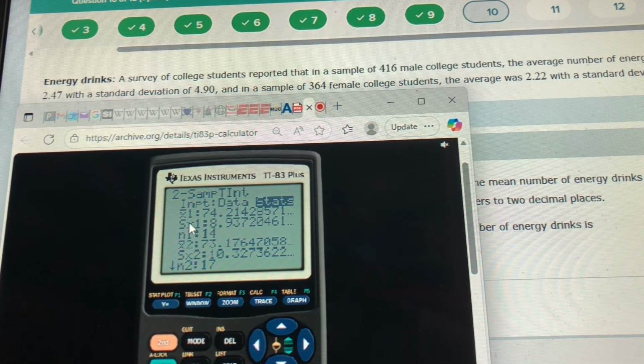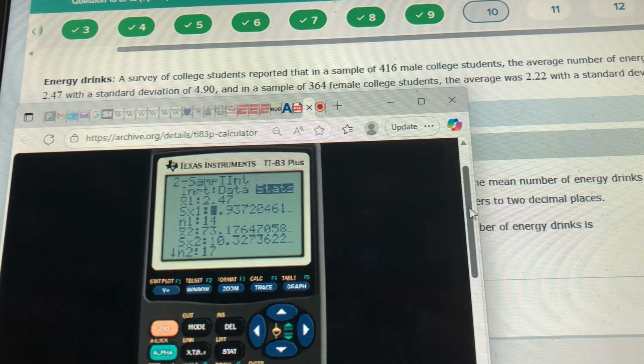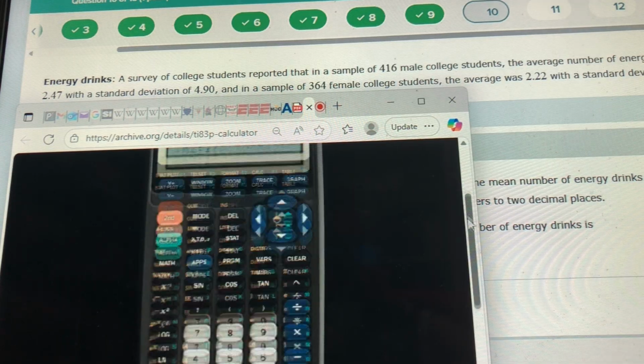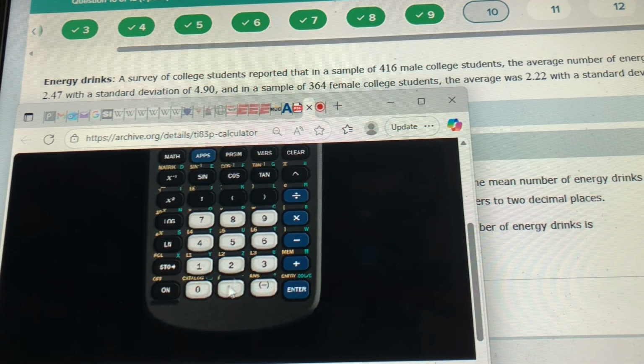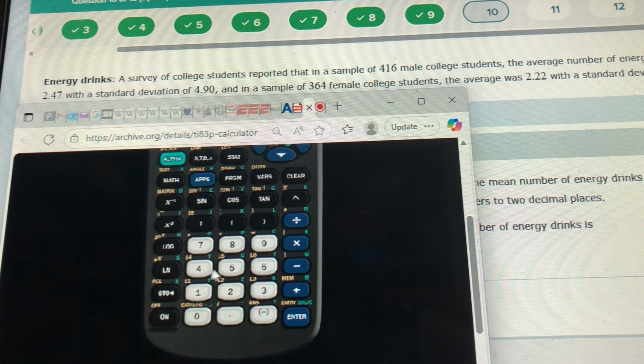So x bar 1 is the first average, which is 2.47, with a standard deviation of 4.90, so that's the first s. That came from a sample of 416 male students.